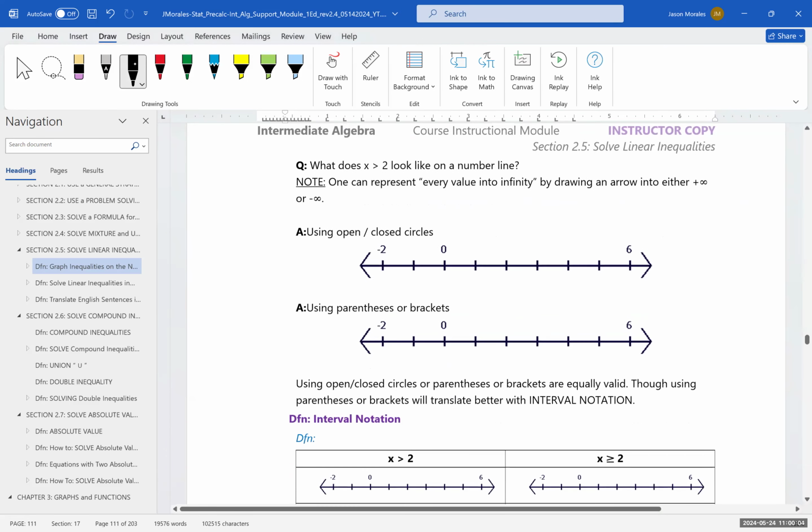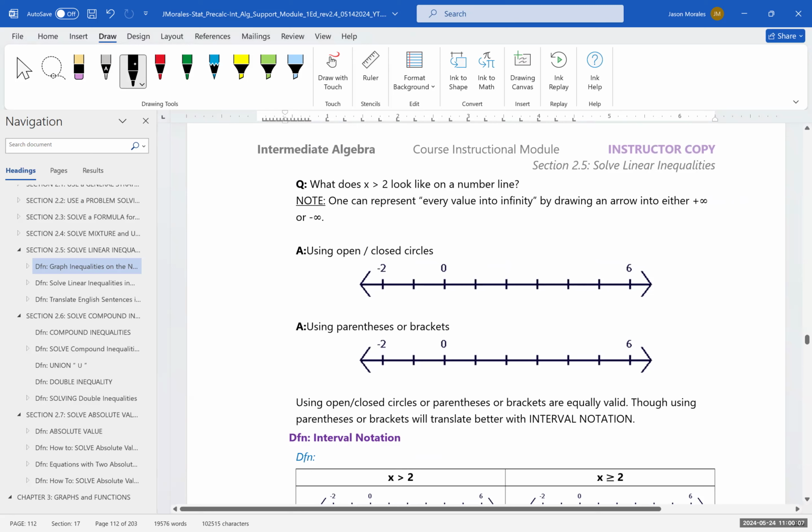Okay, so what does x greater than 2 look like on a number line? One can represent every value into infinity by drawing an arrow into either positive infinity or negative infinity. All right, so the answer is using open and closed circles.